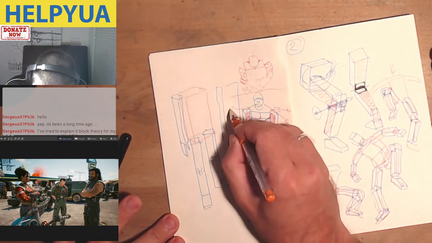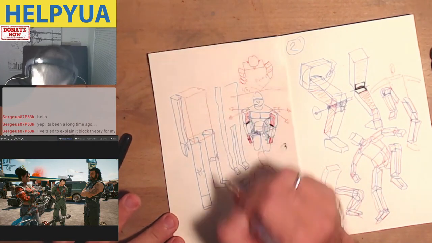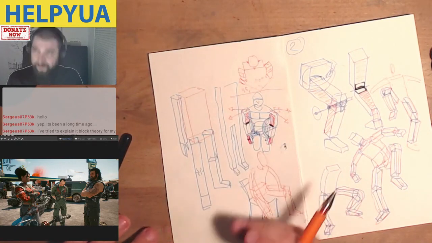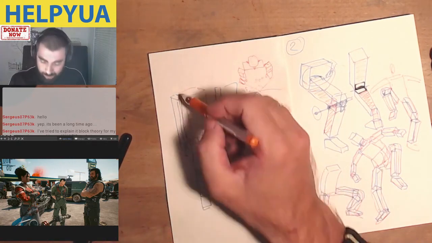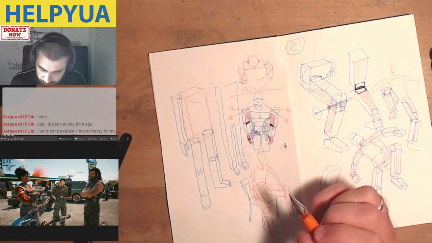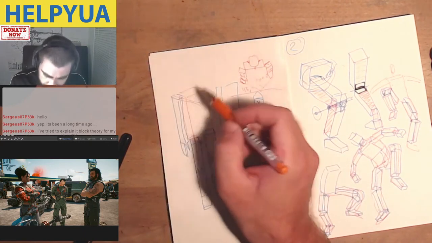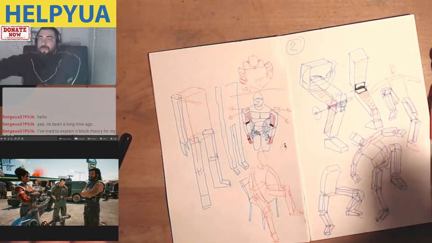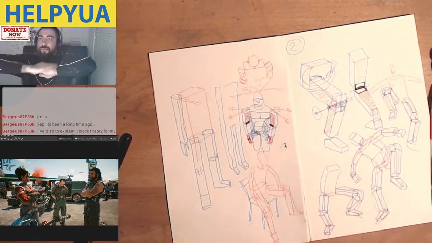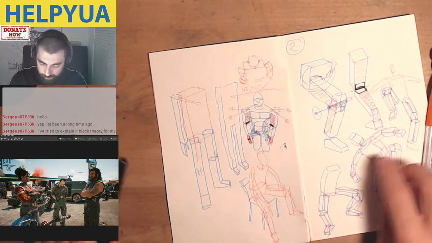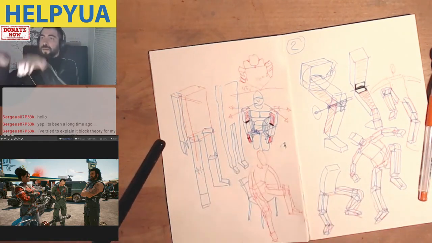It's a little like this. And they're opposite. If the hands are a little inward, bending like this, the legs are opposite. Your knees kind of look outwards.